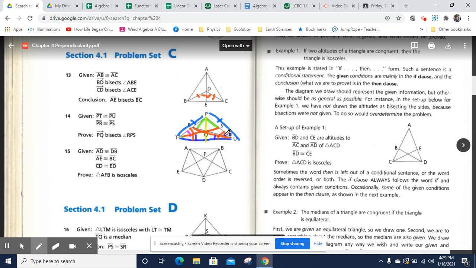Since we know we can find that, then we can prove that PUQ and PTQ are congruent. So we can prove that TQU is an isosceles triangle.